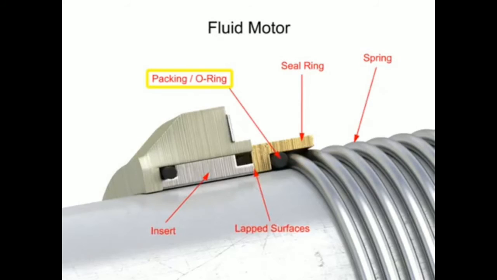A packing, or O-ring, ensures there is no leakage between the spring and seal ring. Internal hydraulic pressure ensures the two surfaces are held in tight contact, but even this method is not leak-tight, and weepage is a common occurrence. Additionally, the lapped surfaces are sensitive to contaminants in the oil, which are abrasive and cause leakage to increase.